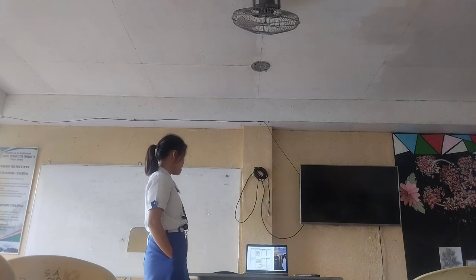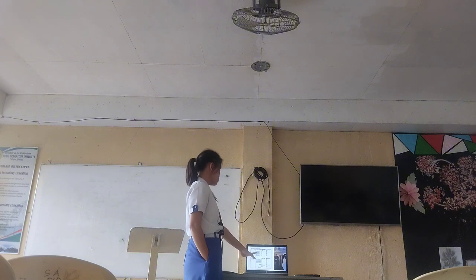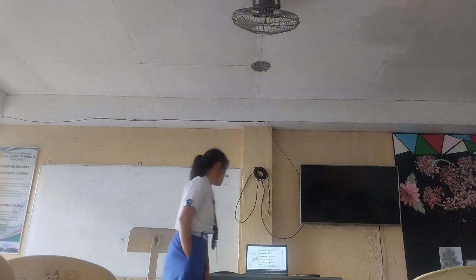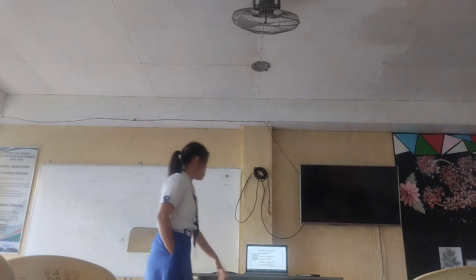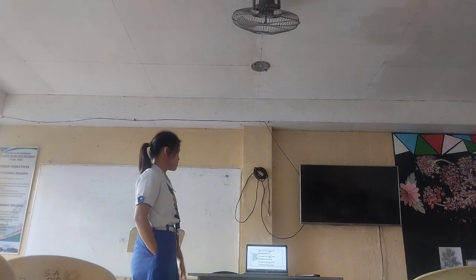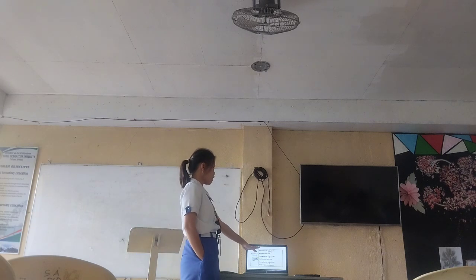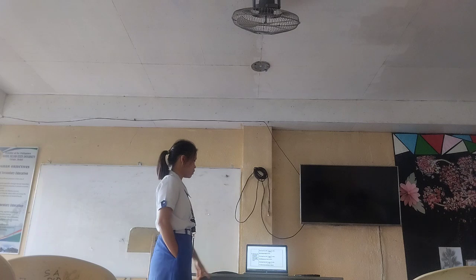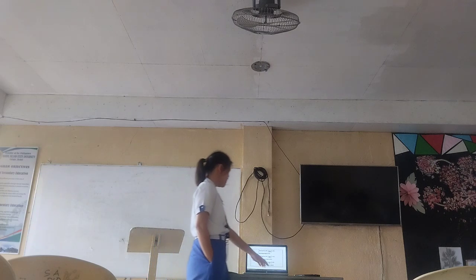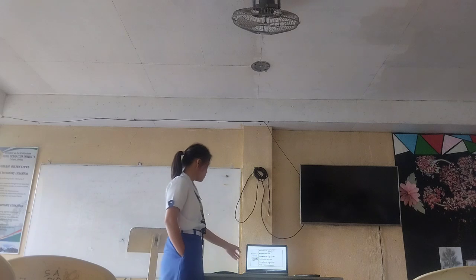So here are the steps. As you can see, the scores of the students are being written. It has the percentage score equals the raw score over highest possible score times 100%. Same with the written work.